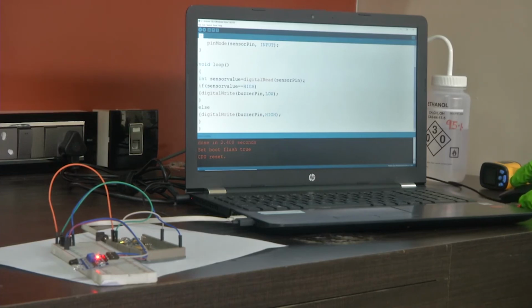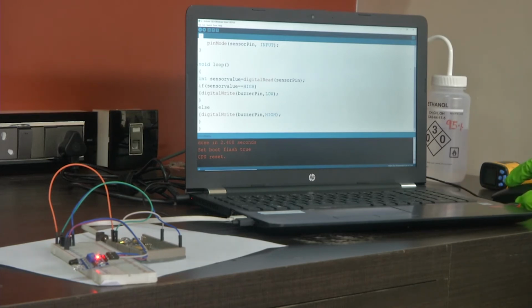Okay, in the void loop I have set an integer sensor value equal to digital read of sensor pin, because we are taking a digital value input from the sensor pin, that is pin number 3. And you might be thinking why I have kept integer and what is the value that is going to be stored in the sensor value. So it's a digital read operation, that means it can only have 2 states, either high or low.